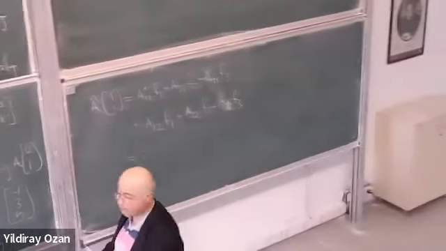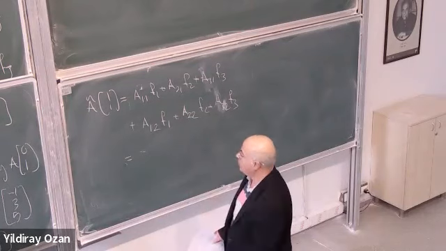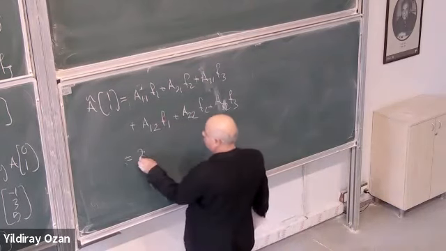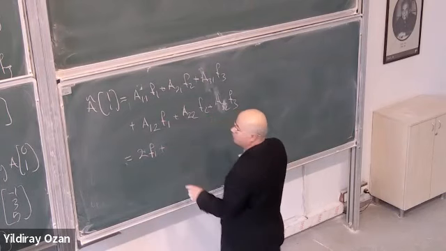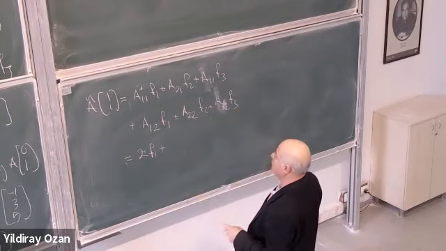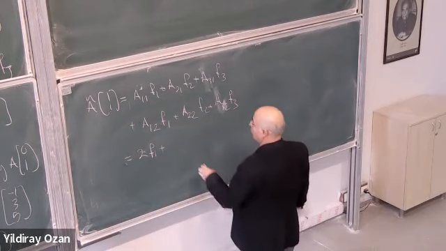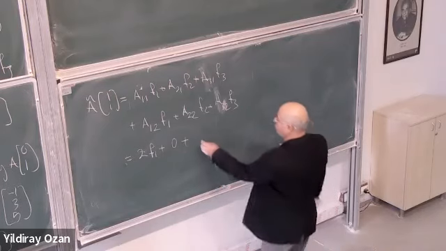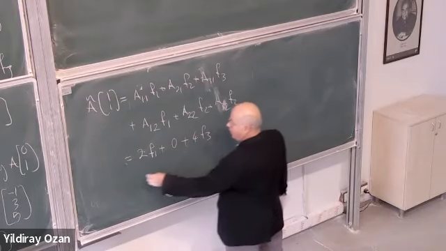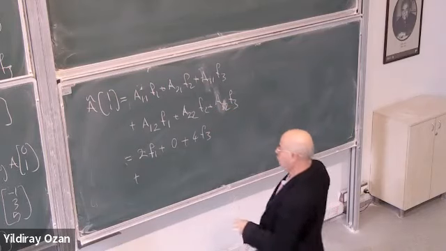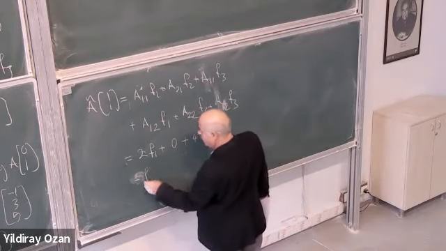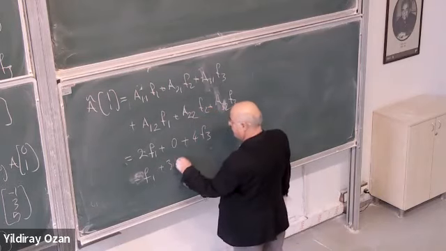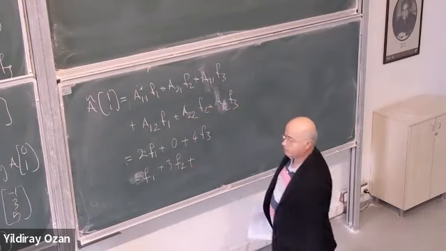So A11 is just 2F1 + 2 1 0 3 1 4 and then 1 2 minus 1 2 2 3 and then 5.